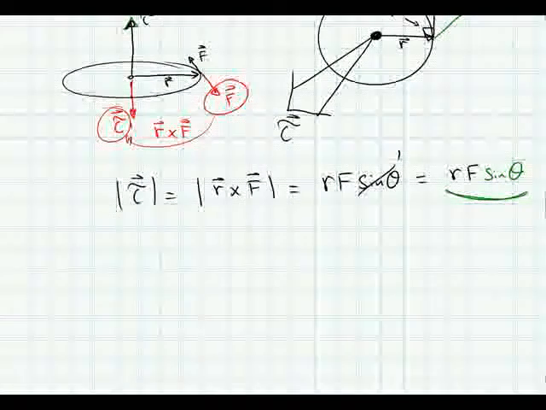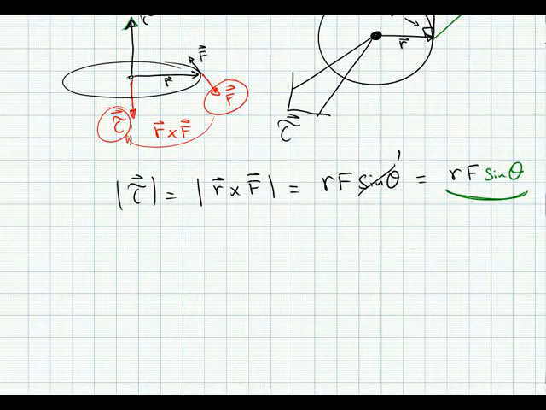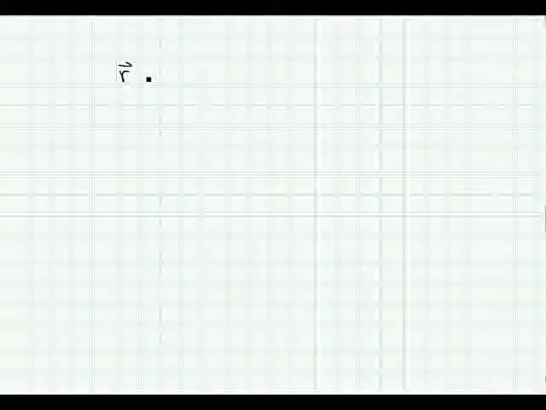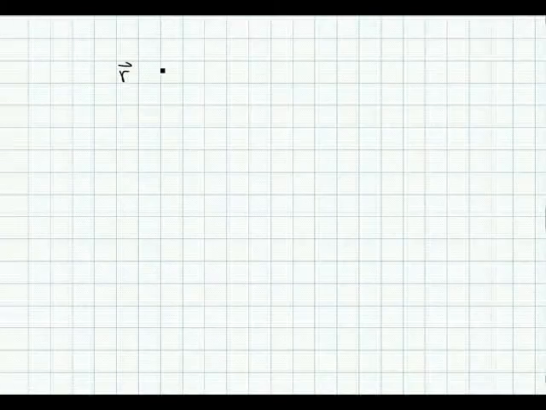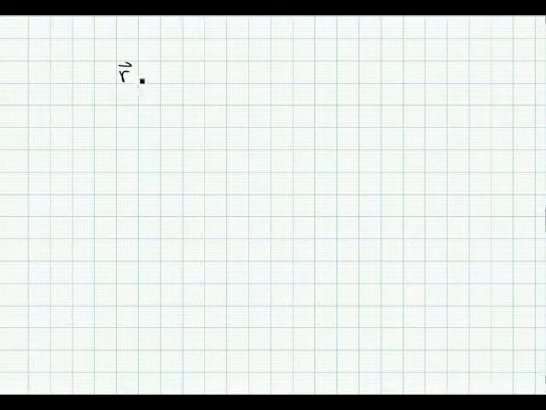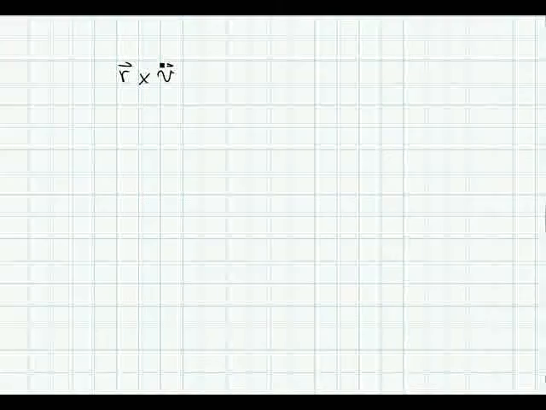And we can go ahead and in a similar way consider, for example, the vector cross product of the moment arm and tangential velocity, so r cross v.